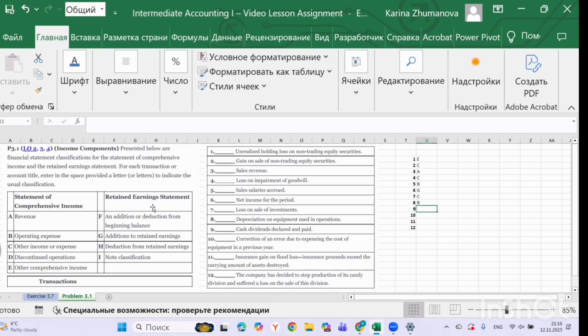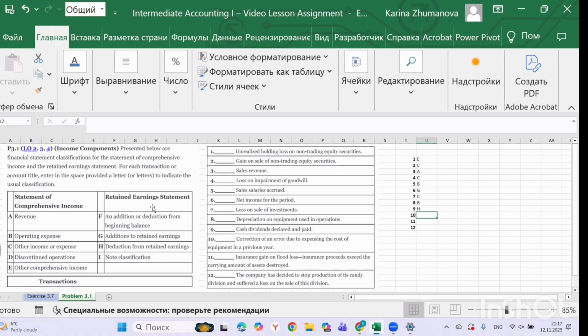Ninth one, cash dividends declared and paid. It's money the company gives to shareholders from company profit. So the answer is H, deduction from retained earnings, because dividends are not expenses and it's profit distribution between our shareholders. 10th one, correction of error due to expensing the cost of equipment in previous years.